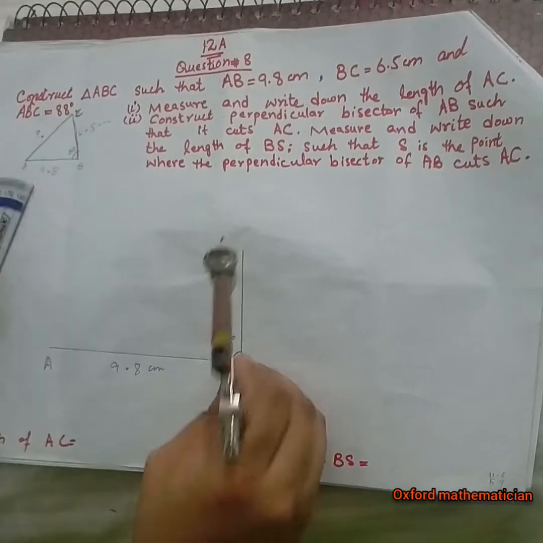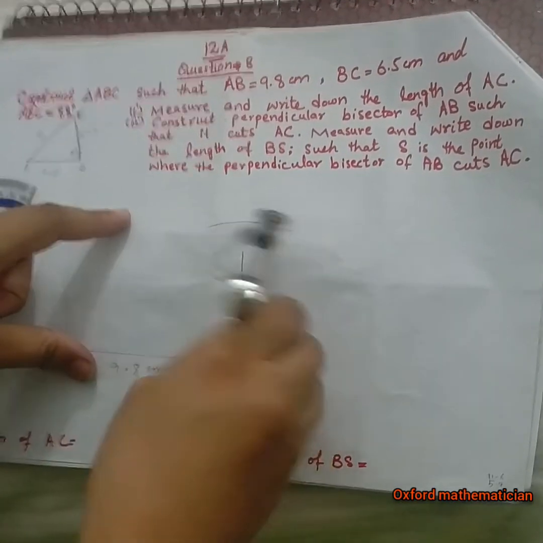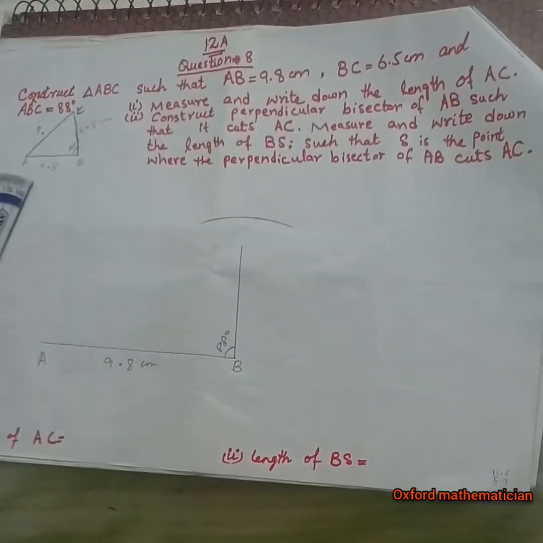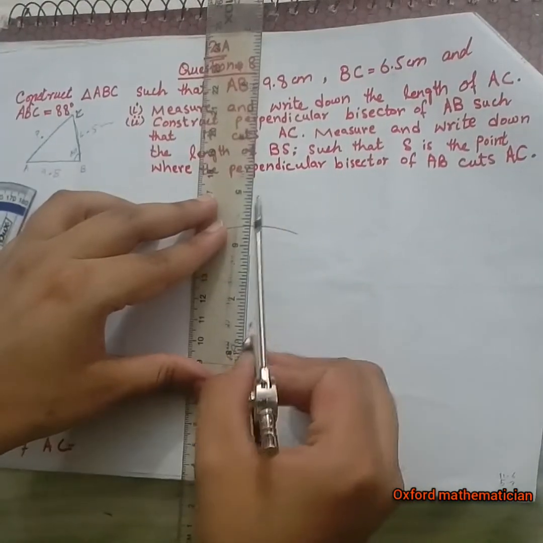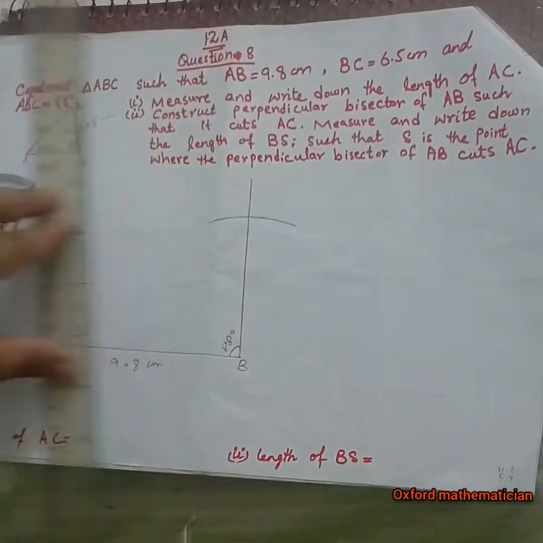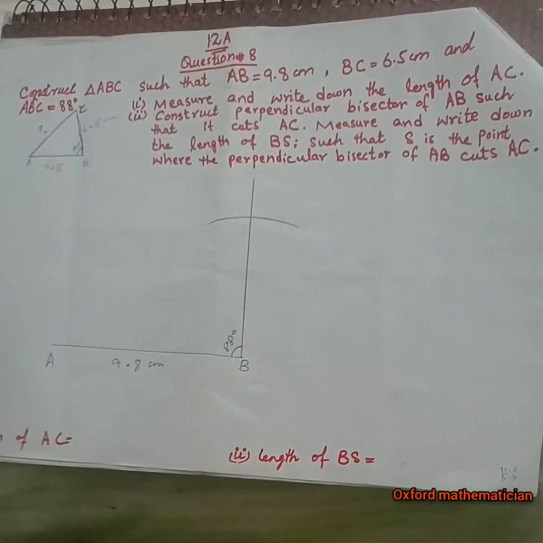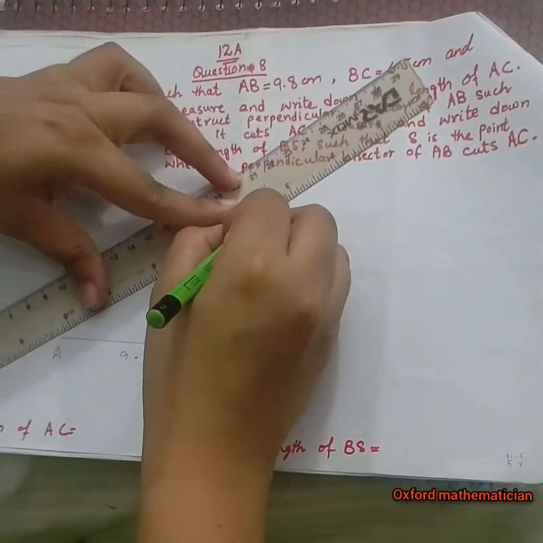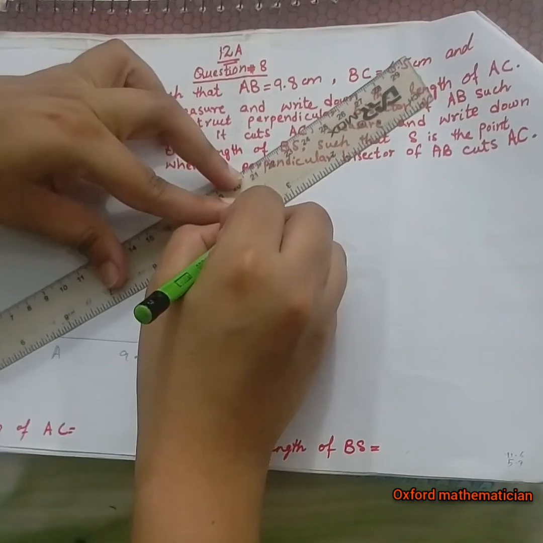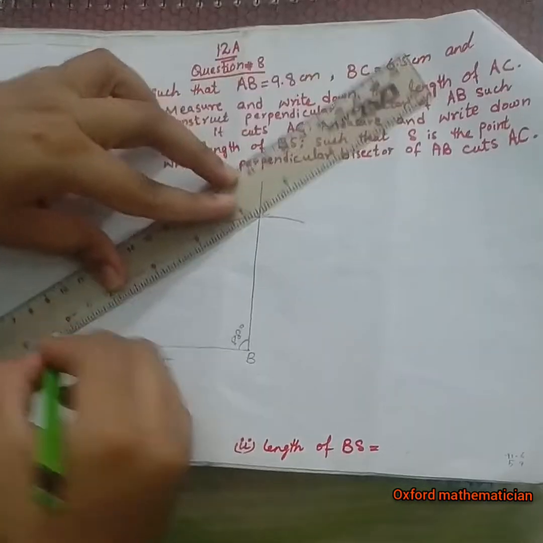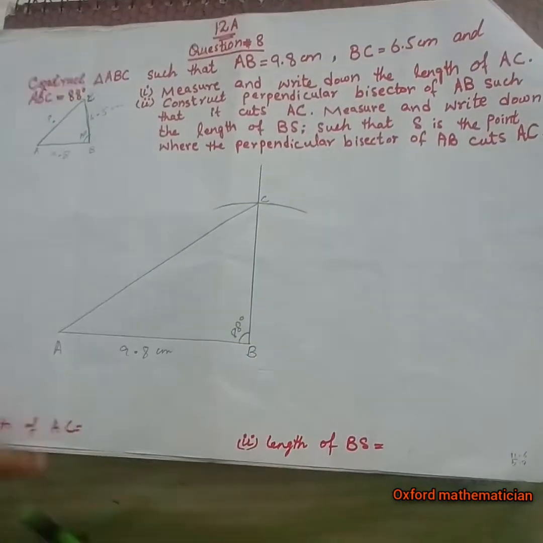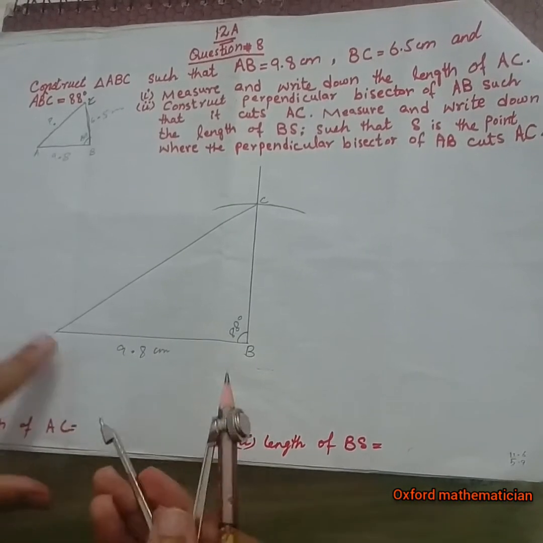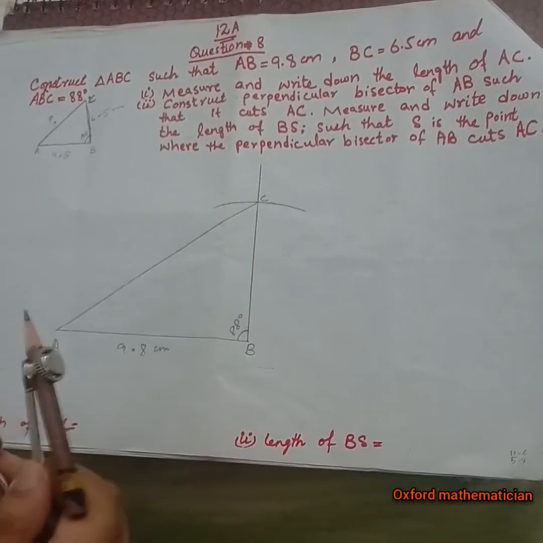Now we draw an arc and here is the line, we have to enlarge them. Now this is our point C. Now we join this point to A. This is the point A. Okay, we join them, and now we have to find the AC measurement.